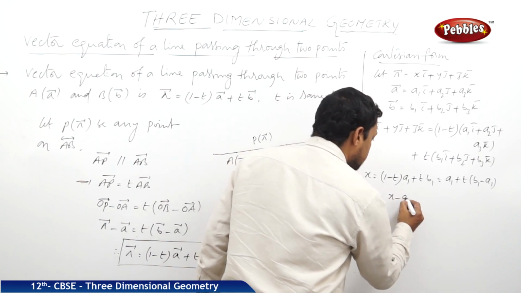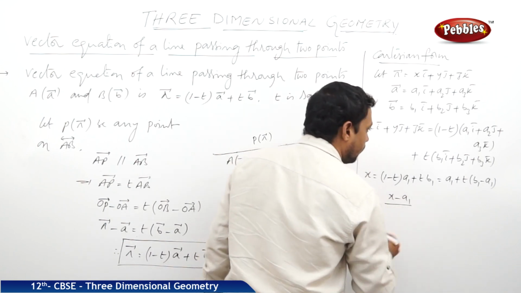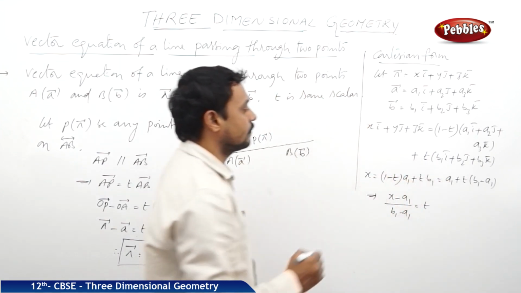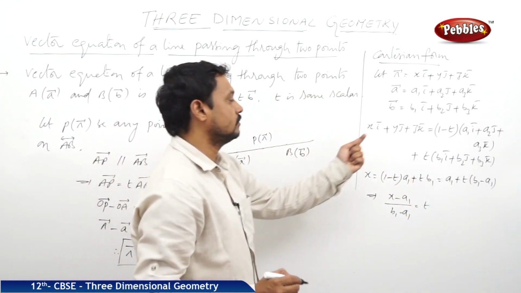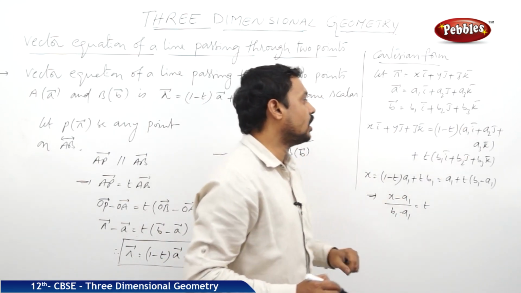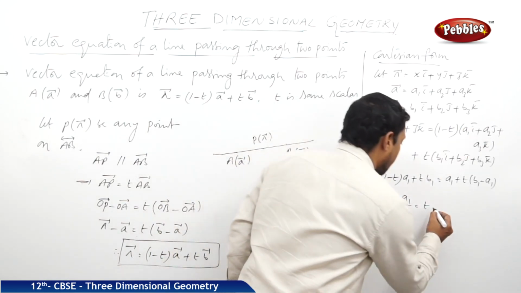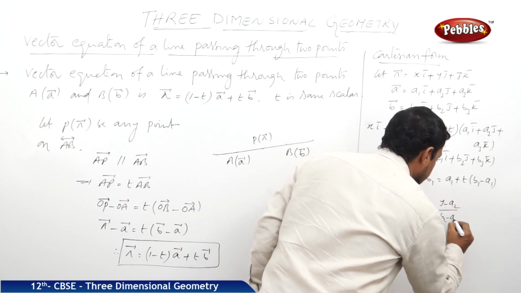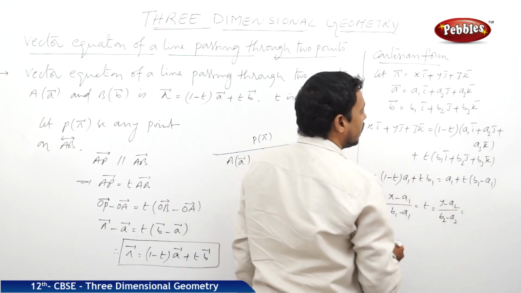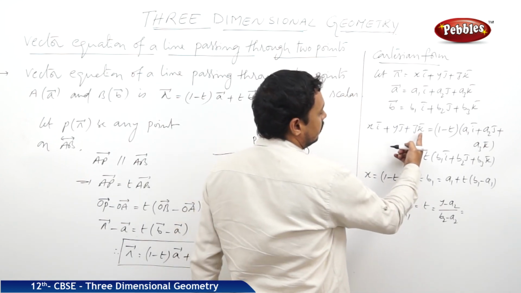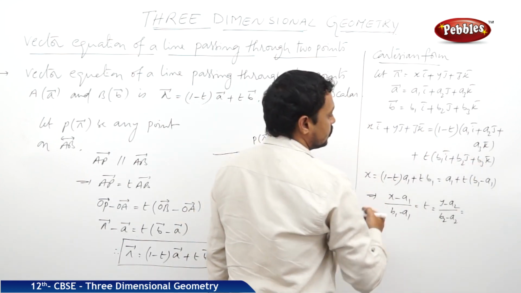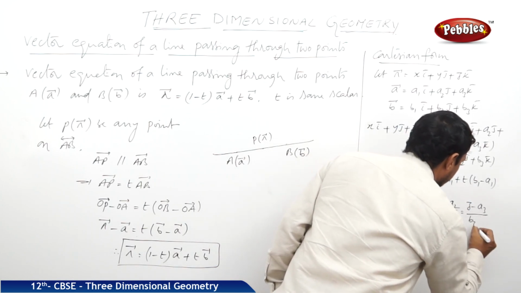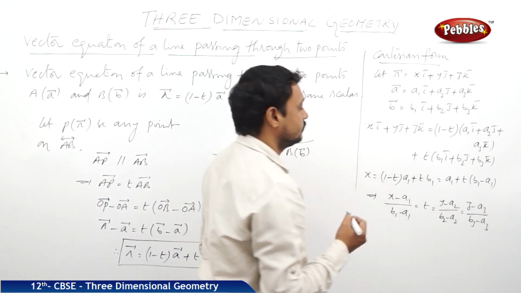Now (x minus a1) by (b1 minus a1) is equal to t. Similarly, comparing the j component on both sides, you will get (y minus a2) by (b2 minus a2), and similarly comparing the k bar coefficient on both sides, that is (z minus a3) by (b3 minus a3).